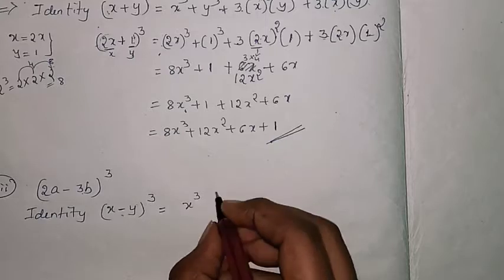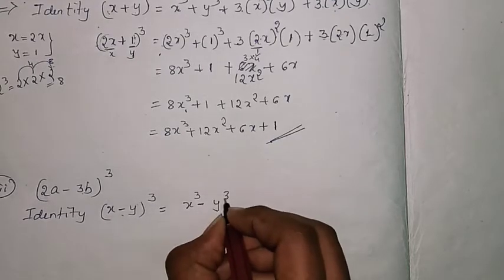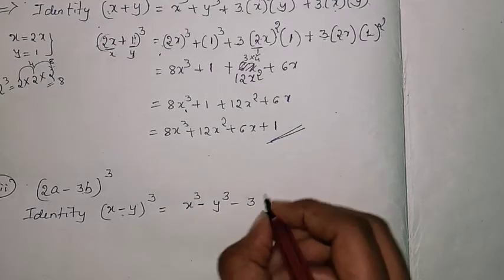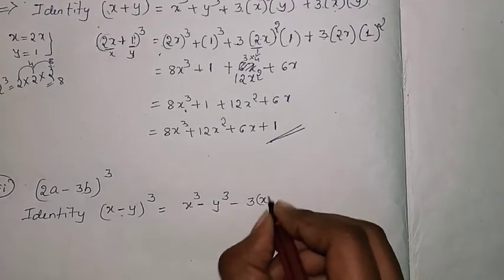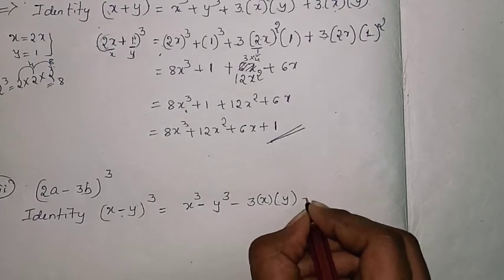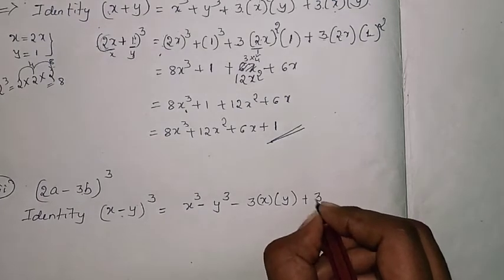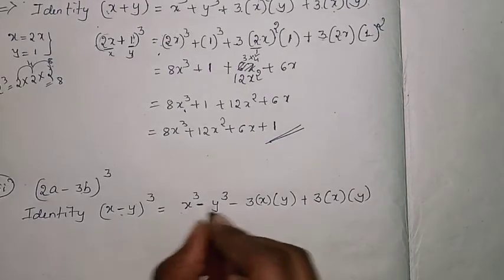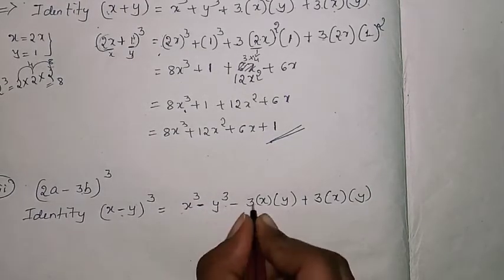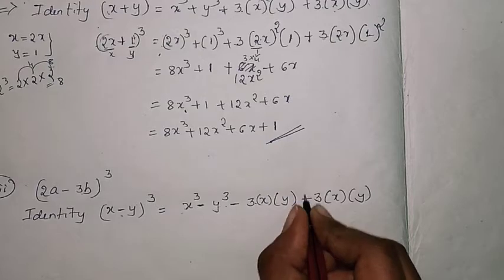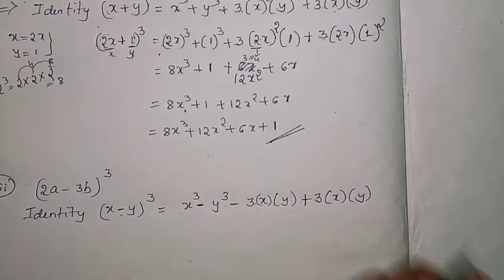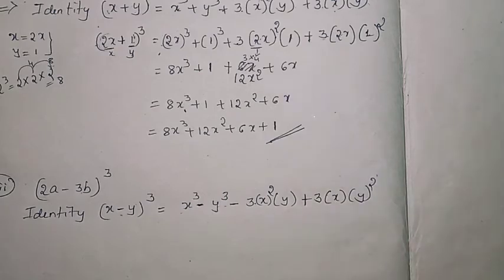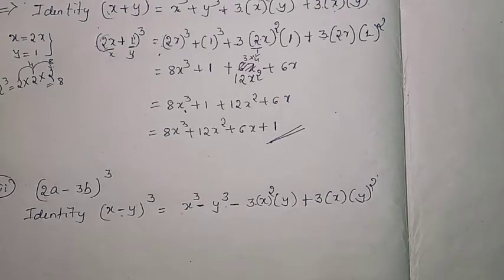The sign of the terms is minus, y cube, and after that minus 3xy. At the starting between x and y there is a sign, between y and this term there is a minus sign, and the last one is positive. Here the first term squared, and here the second term squared. So remember the square method.